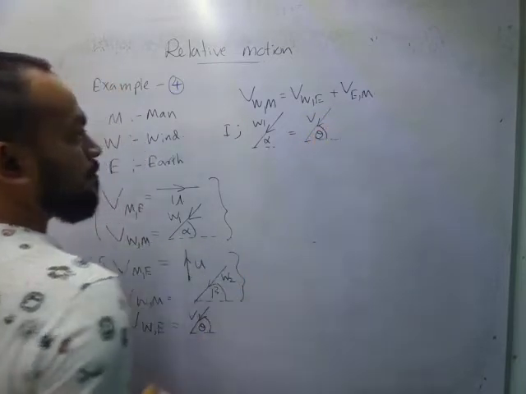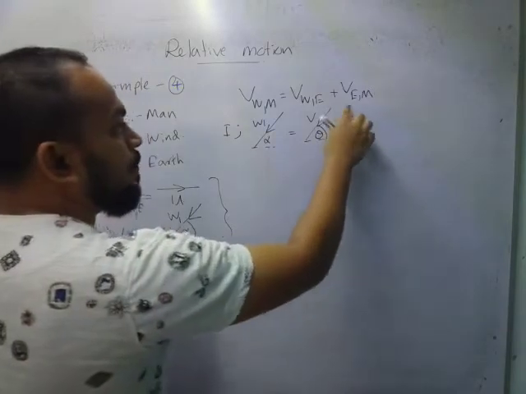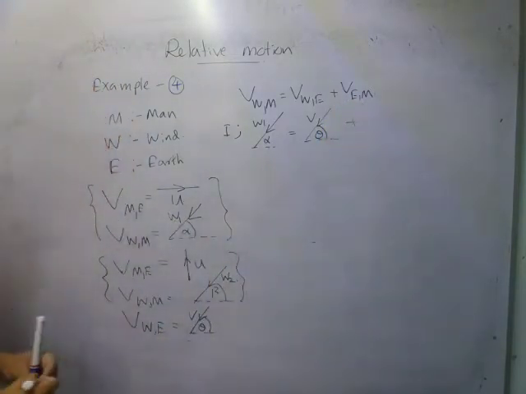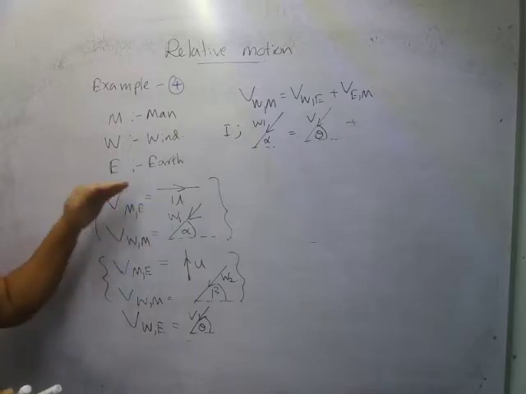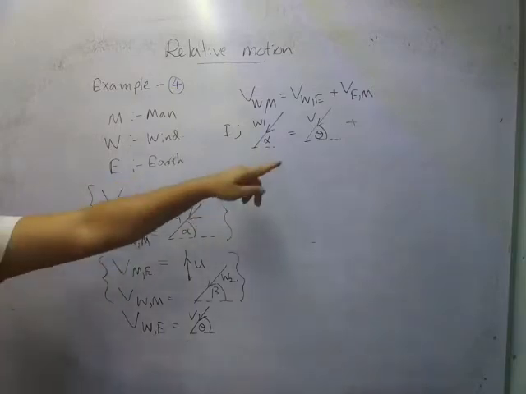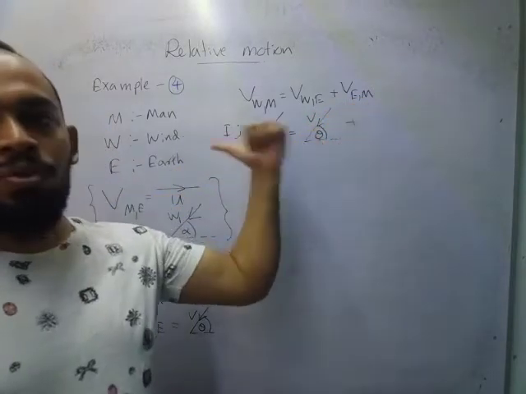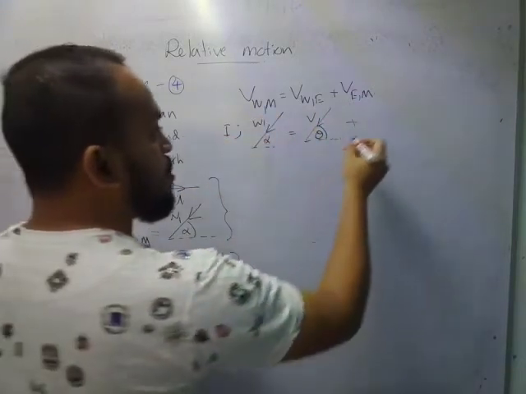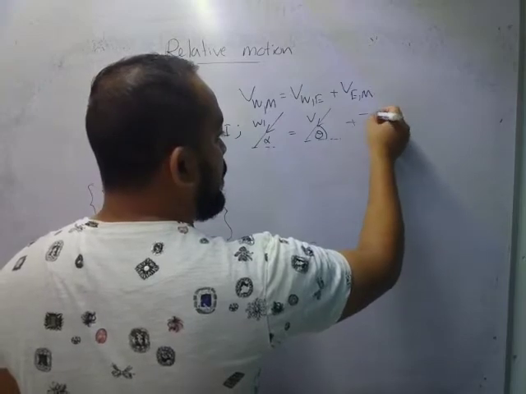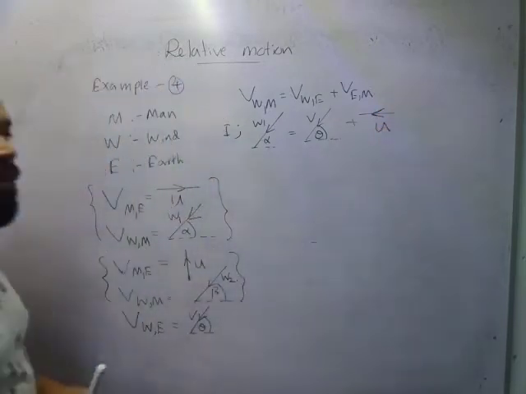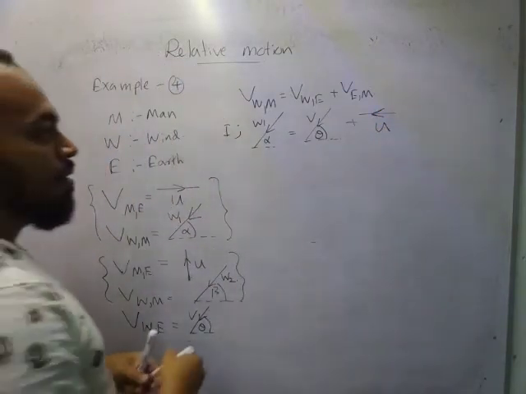Then velocity of earth relative to man: velocity of man relative to earth is given, in this direction u, but velocity of earth relative to man should be in the other direction. So the direction should change. u. It's equation 1.